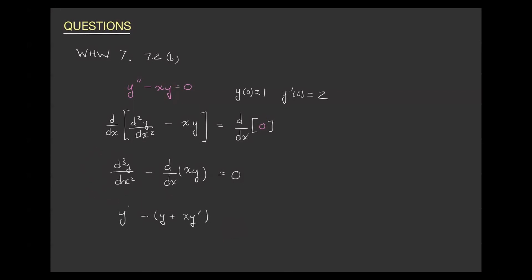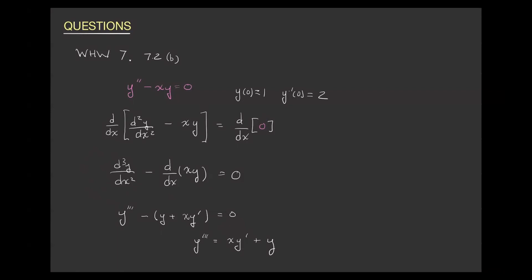And then we have y triple prime here. If we wanted to rewrite it, we could say that y triple prime is equal to xy prime plus y.